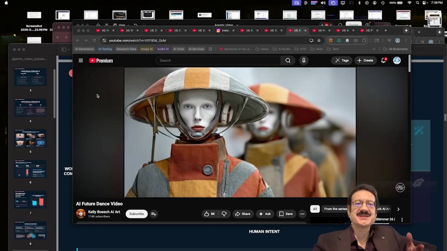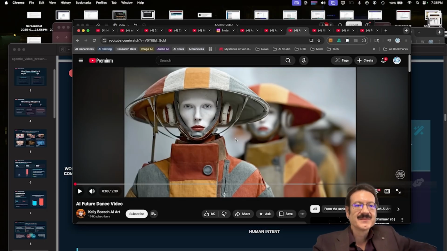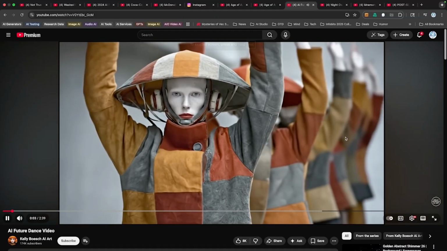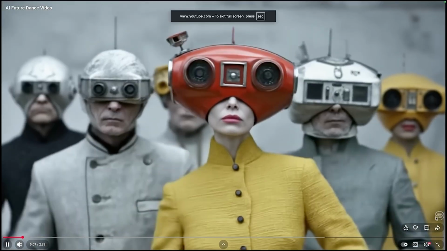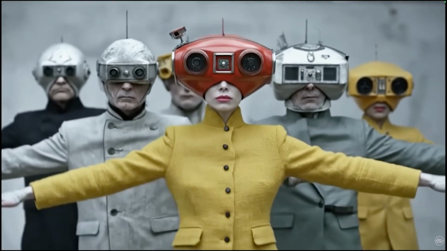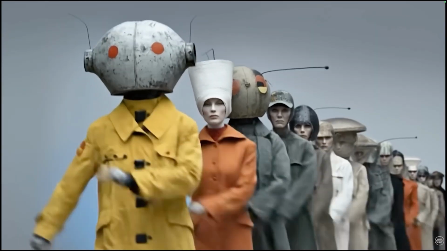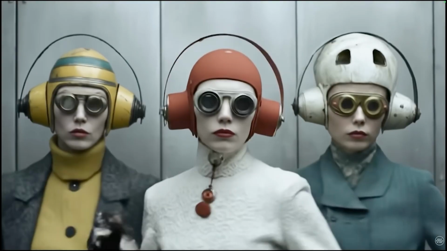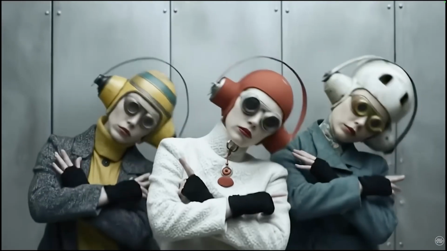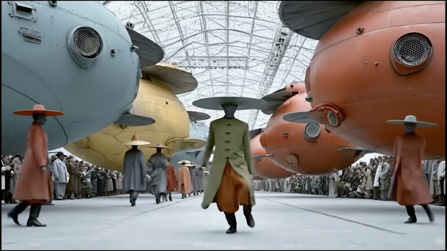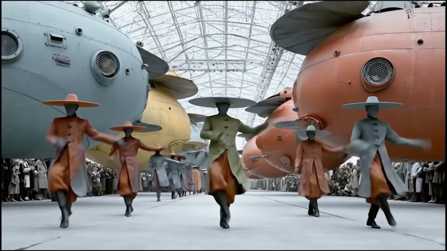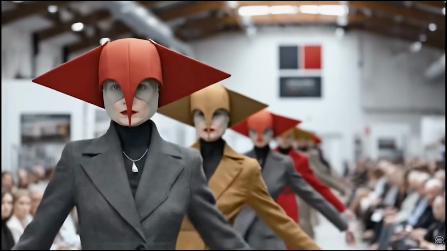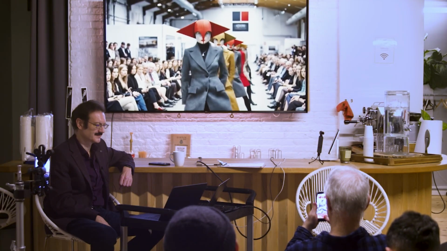But take a look at this one, which isn't that dissimilar, but we can't call this one slop, I don't think. I kind of like this one. Count the fingers.